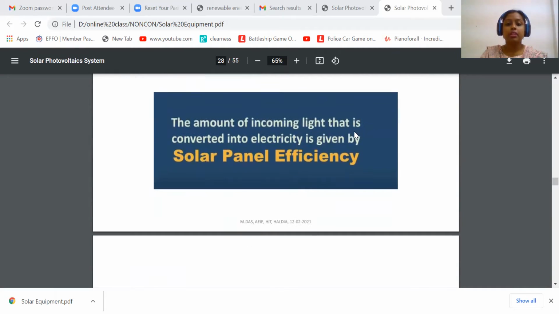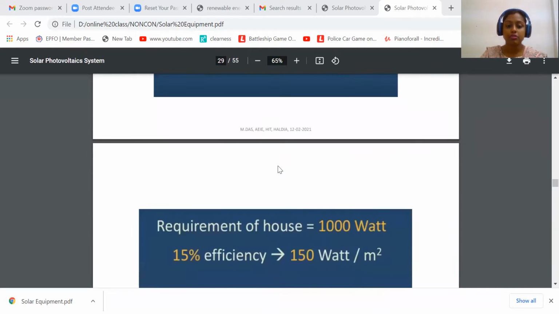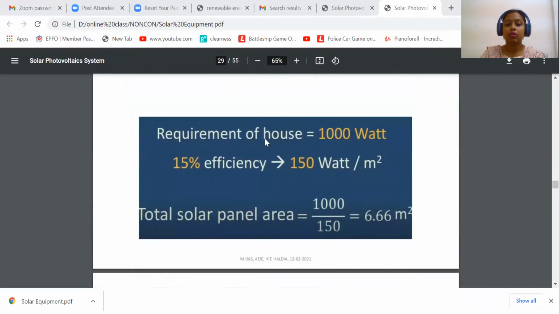The efficiency is the amount of incoming light converted into electricity by the solar panel. Say the requirement of a particular house is 1000 watts, and at 15% efficiency that is 150 watt per meter square. So the total panel area required is about 6.5 meter square.